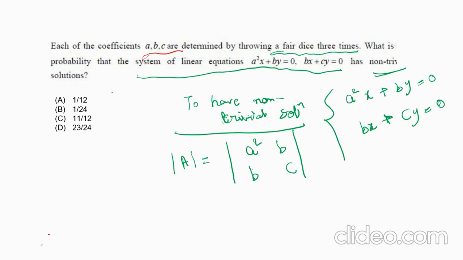Okay. So to have a non-trivial solution, the determinant of A needs to be not equal to 0. And to have a trivial solution, the determinant of A is equal to 0. I thought it was a basic thing, but it's fine.